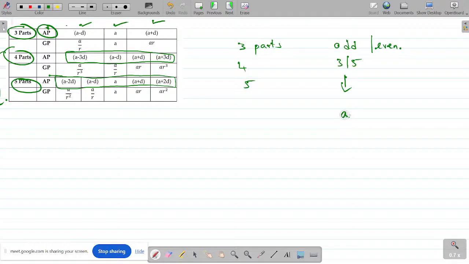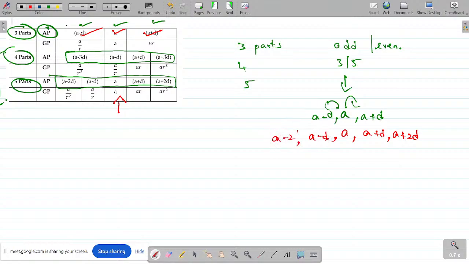The center number will be A. The center element or number what you are finding is A. The next will be A plus D, and the prior one will be A minus D. Okay, so this is what we had done here. A minus D, A and A plus D. If it is with respect to 5 parts, see, the center is A. Okay, so A, the next will be A plus D, the very next will be A plus 2D, and this side it will be A minus D and A minus 2D.